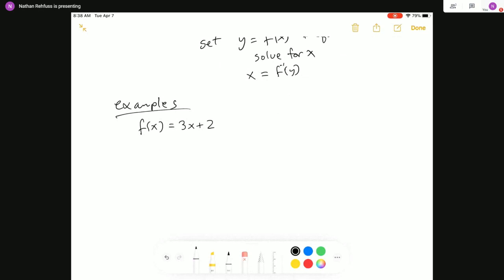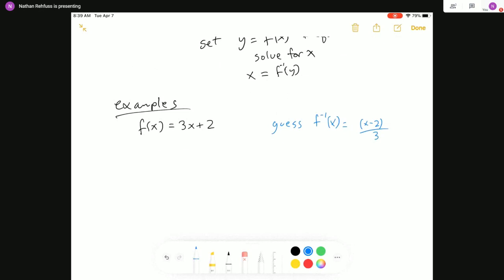First we multiplied by 3, and then we added 2. So my guess is, to get that inverse, first I'd have to subtract 2, and then I would have to divide by 3. So I'm guessing that's going to be the equation for the inverse.